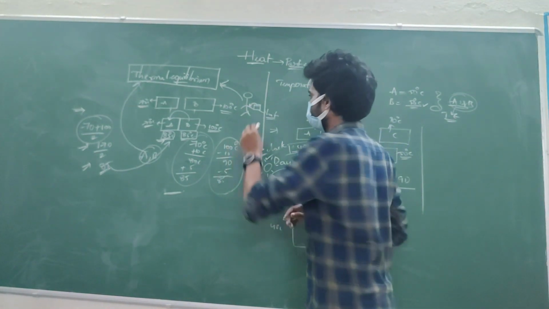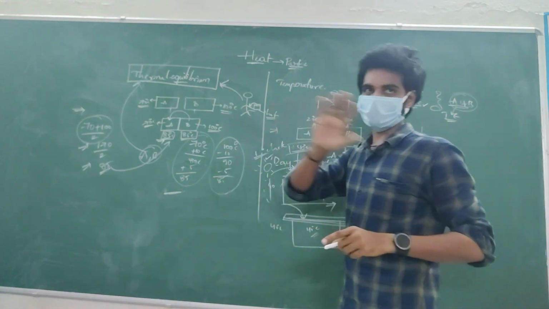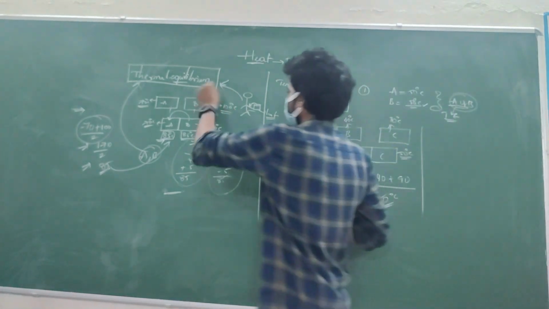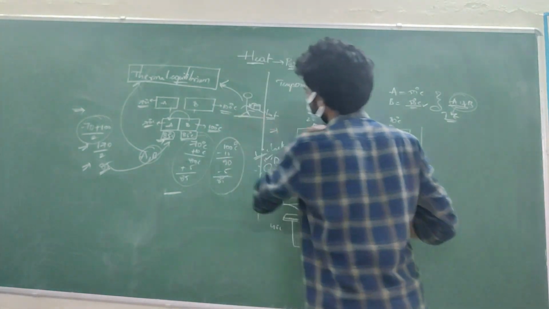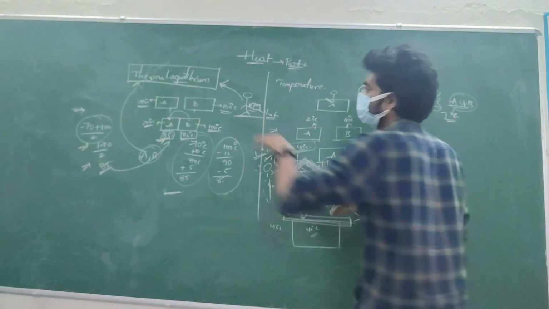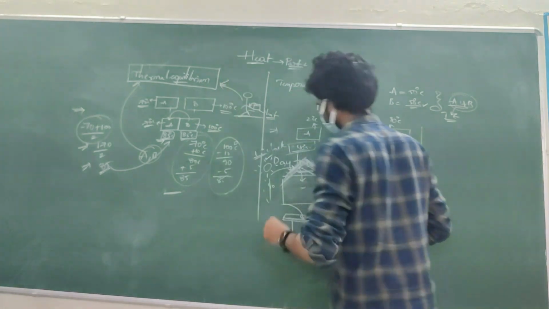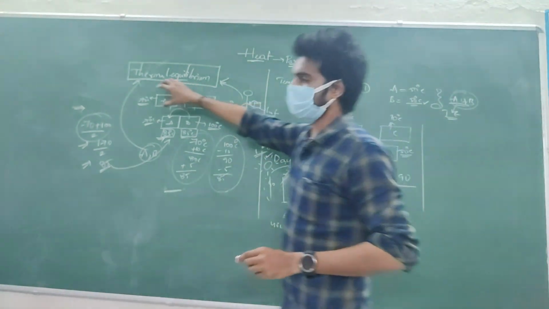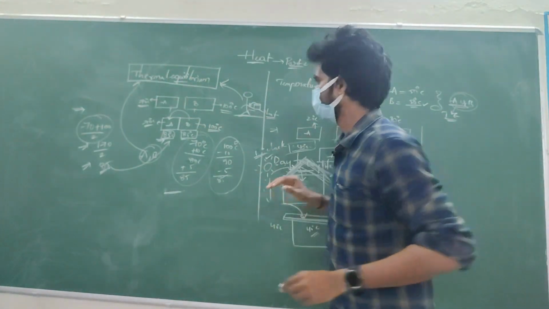But you won't allow that heat energy to enter, right? So there is no thermal equilibrium achieved here. But always heat energy wants to be in thermal equilibrium, right? So these were some of the examples related to thermal equilibrium. Okay, that's it.